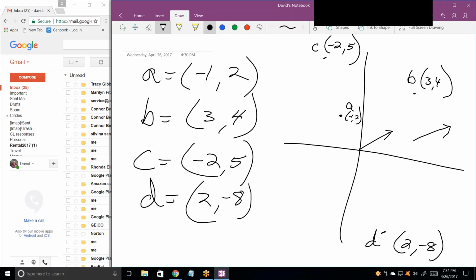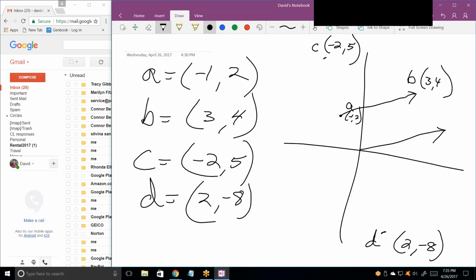There's only two things that matter about vectors: magnitude and the direction. Doesn't matter where they're located in the XY plane. So when they want vector AB, they're talking about that vector, which would be the same as that vector.